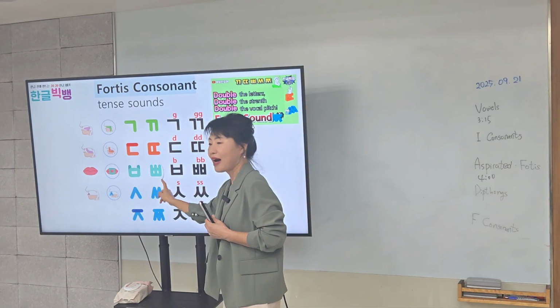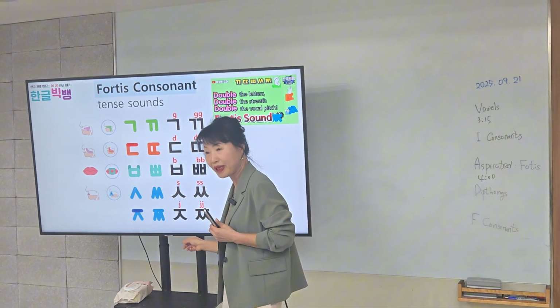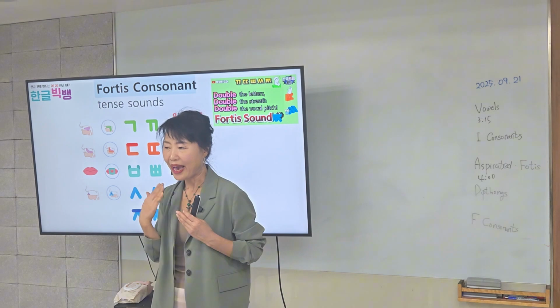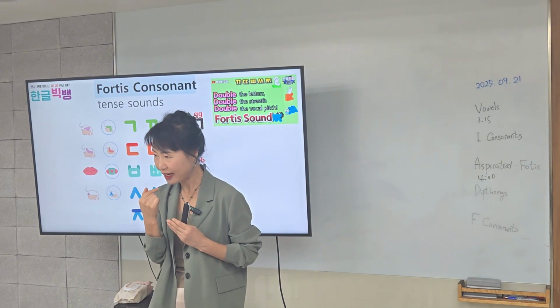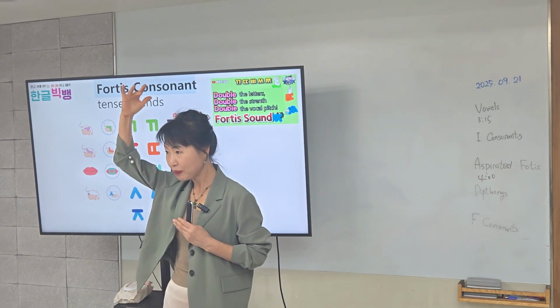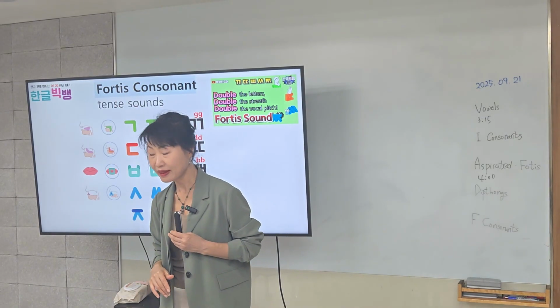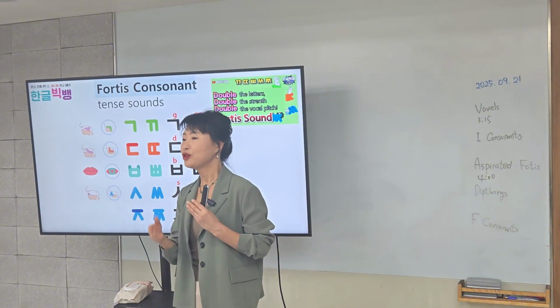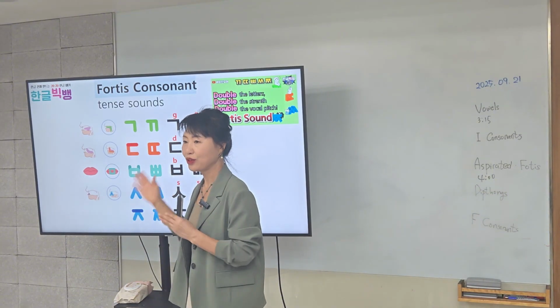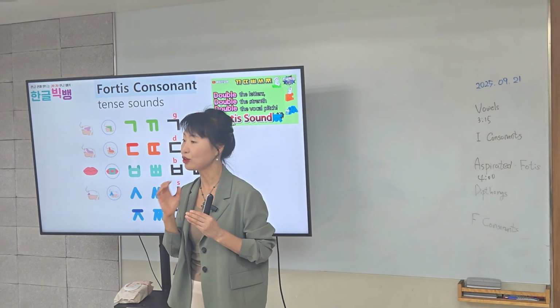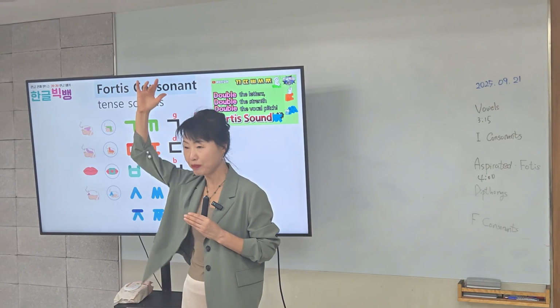But when I pronounce the fourth sound p, I add more tension to my lips and use a higher pitch. So p, like this, p. So to pronounce a tense sound, you have to add more tension to your vocal organs with a higher pitch.